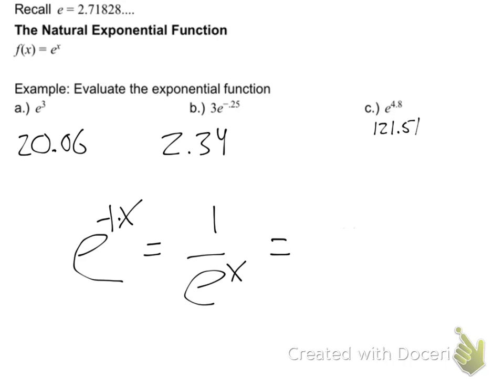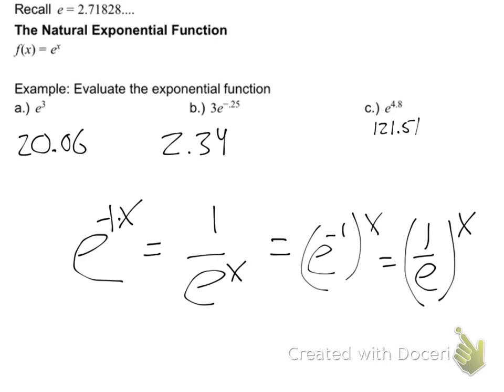So can't I split that up to say it's e to the negative 1 to the power of x? And then e to the negative 1 will go where? To the bottom. So you get 1 over e to the x. And since e is 2.718, 1 divided by a number bigger than 1 actually ends up in a what?